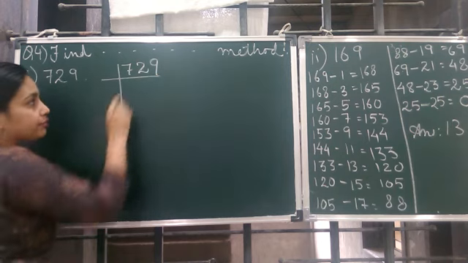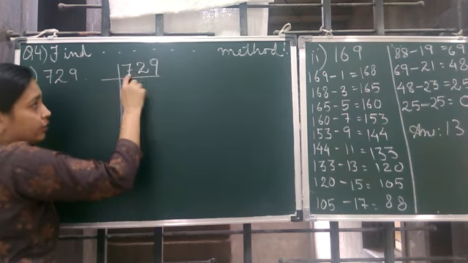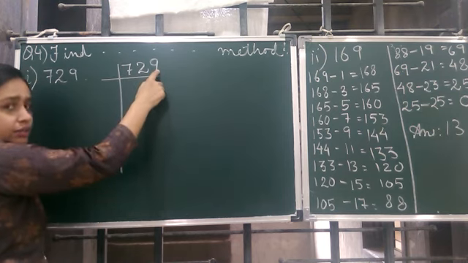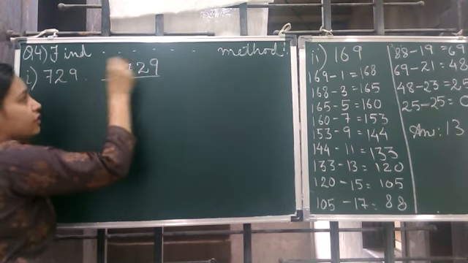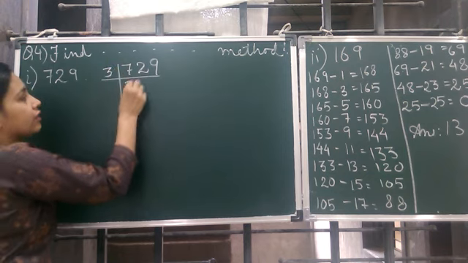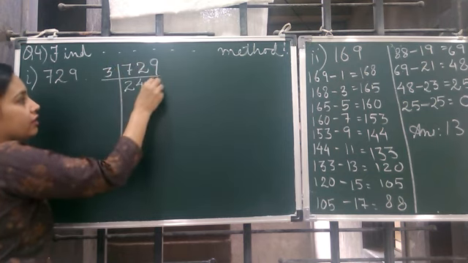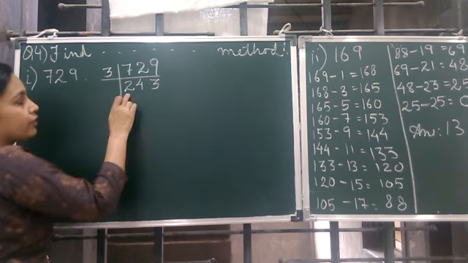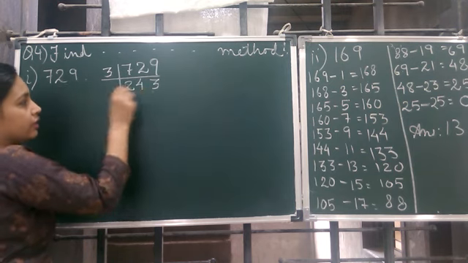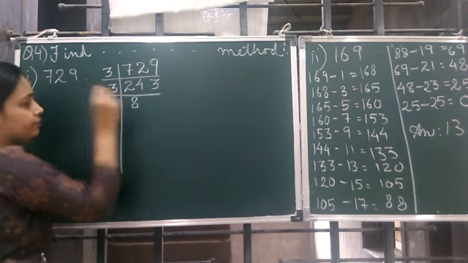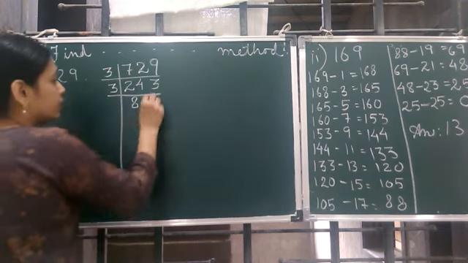3 is a prime number. For 3, we add the digits. 9 plus 9, 18. 18 is divisible by 3? Yes. That means this number is divisible by 3. 3 2s are 6, 3 4s are 12, 3 3s are 9. Again this is divisible by 3: 3 8s are 24, 3 1s are 3.